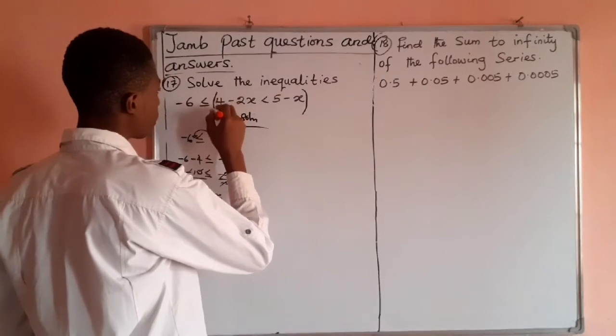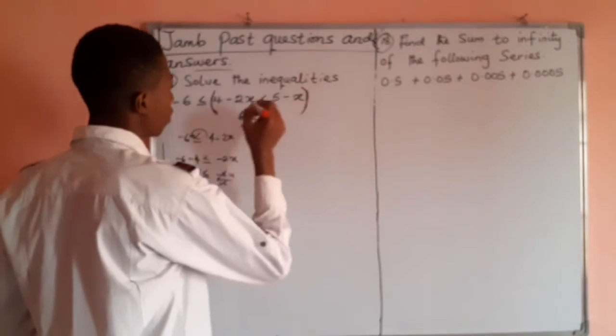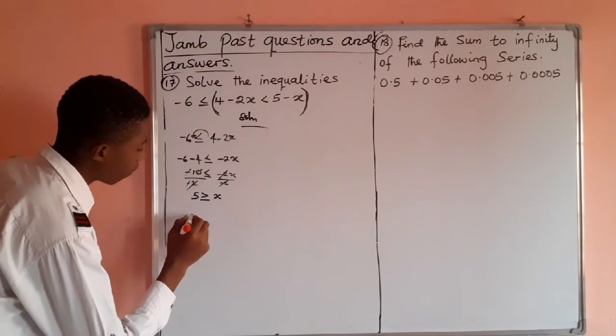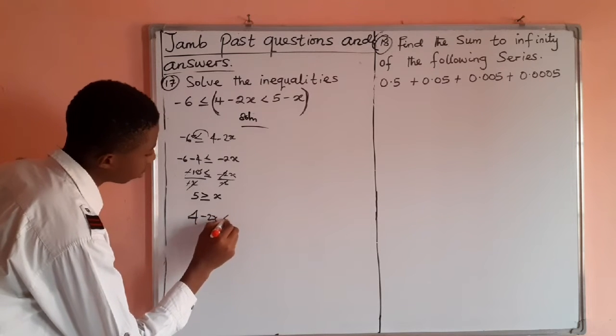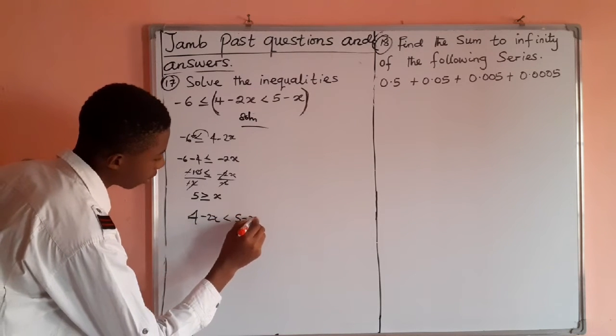Now we also have to take the next set, which is this and this. Taking the next set gives us 4 minus 2x is less than 5 minus x.